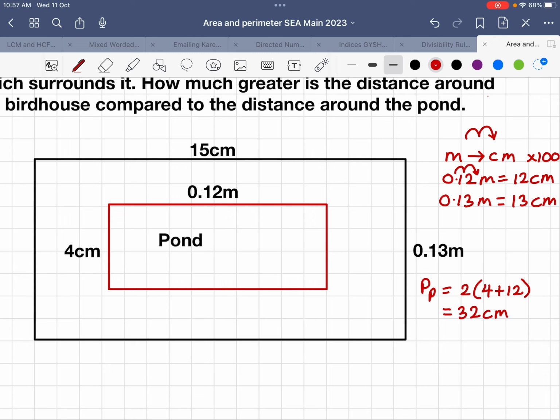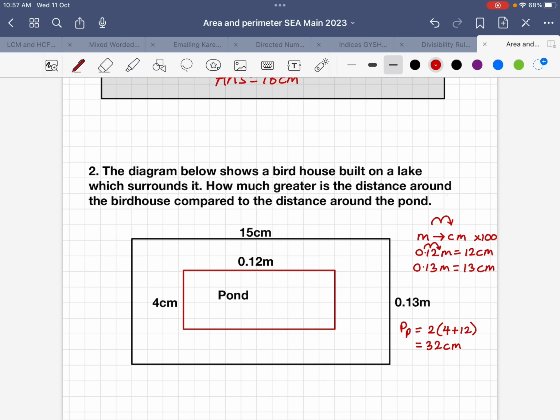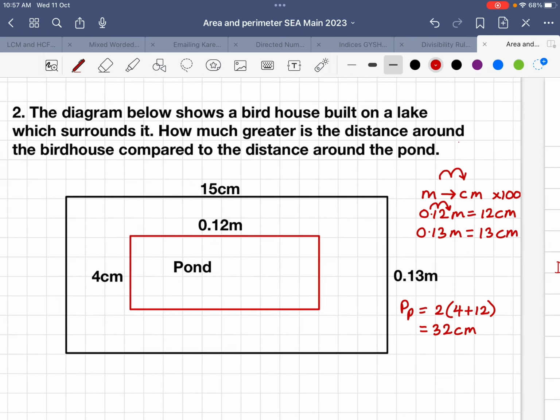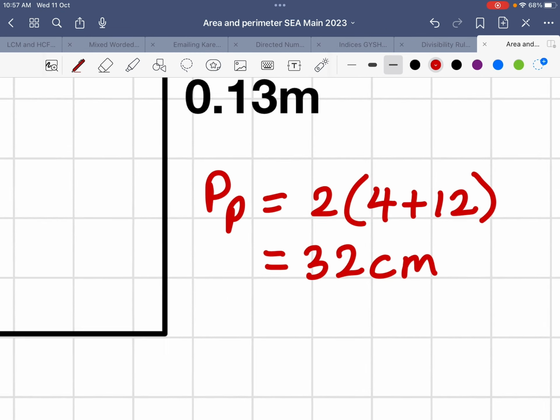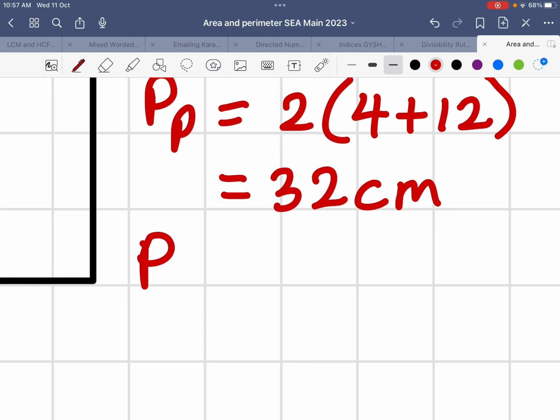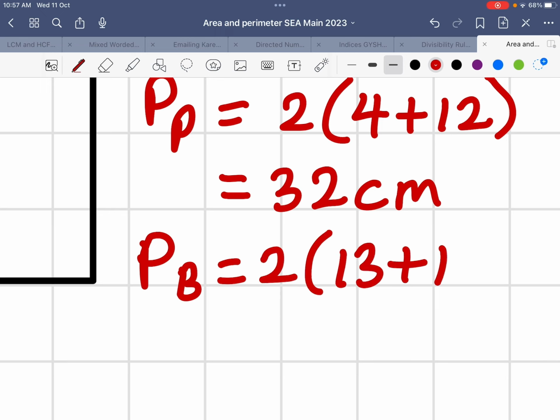And the birdhouse will be 15 and 13. Right, 2 times the length, or rather the width plus the length.